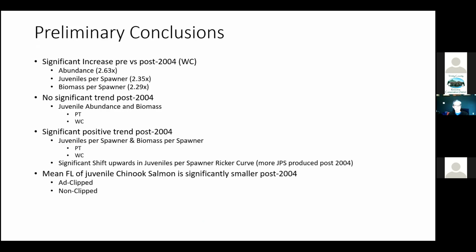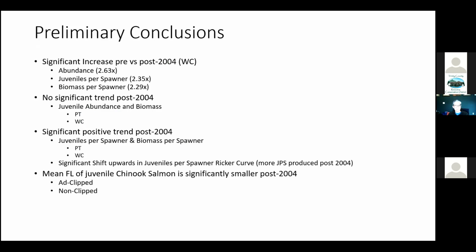Preliminary conclusions. It did look like there was a significant increase in pre versus post in abundance, juveniles per spawner, and biomass per spawner when we're looking at Willow Creek, because that's the time series where we've got a good amount of time either side of the record of decision flows. At the Pear Tree and the Willow Creek site, we don't see a significant trend in abundance and biomass post-ROD.